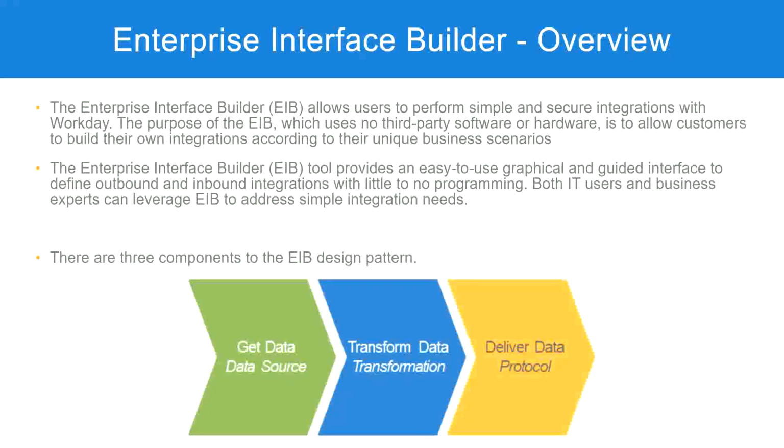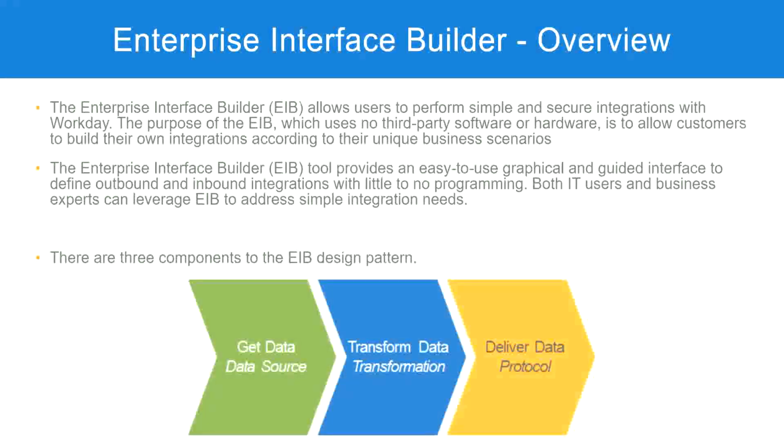The third step will be to send the data to the recipient or to deliver the data. Okay. When we create an integration using EIB, we will see these 3 steps there as well. Get data, transform data, deliver data. Okay. These are the 3 components in an EIB design pattern.